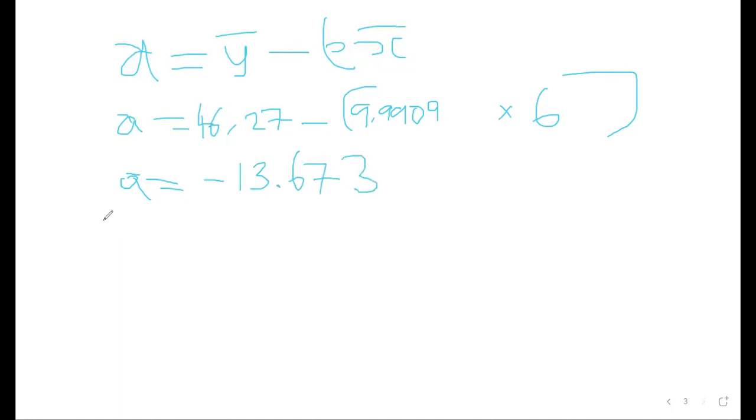So our line of regression is alpha plus bx. Our alpha is negative 13.673, and the beta is 9.9909. So y is equal to negative 13.673 plus 9.9909x.